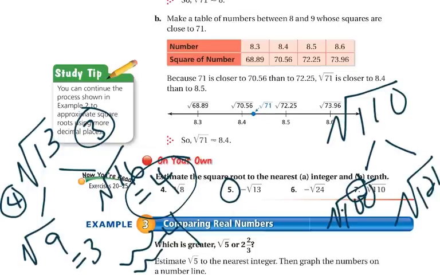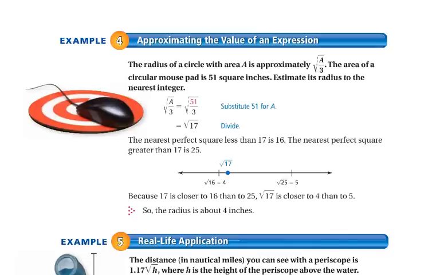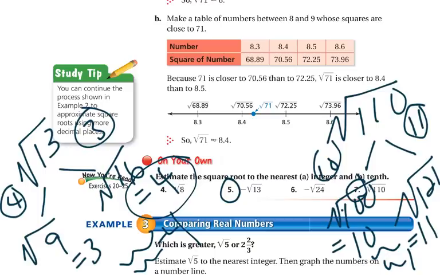Okay? 100 equals 10. 121 equals 11. So 100 to 110 is 10 away, and 121 to 110 is 11 away. So which one's closer? It's approximately 10. Ooh, and I flipped the pages, sorry. It's approximately 10.